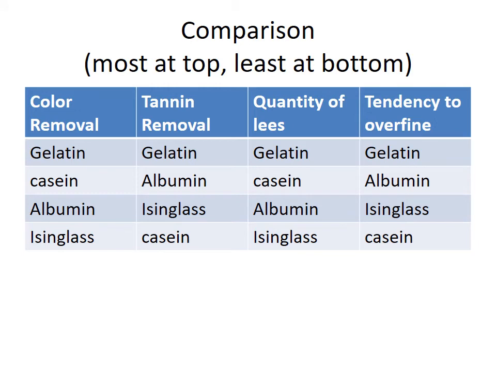So here's a little chart talking about the comparison of aggressiveness. Gelatin is going to be the most aggressive for color removal, tannin removal, quantity of lees, and tendency to overfine. So gelatin is the thing you pull out at the end when everything has gone wrong and you've got no choice. Obviously, there are more refined gelatins out there.